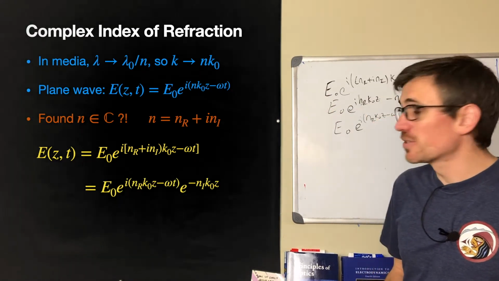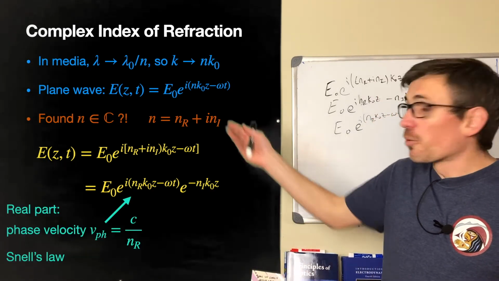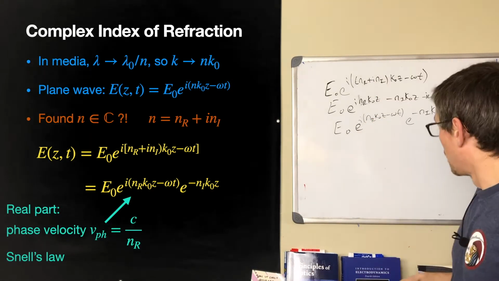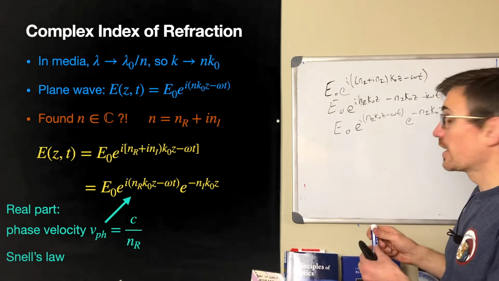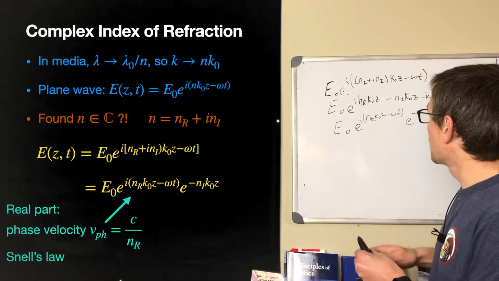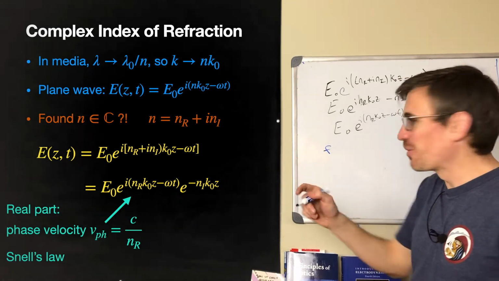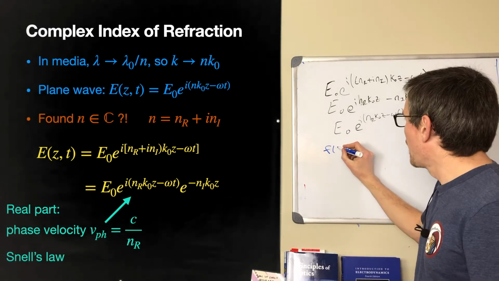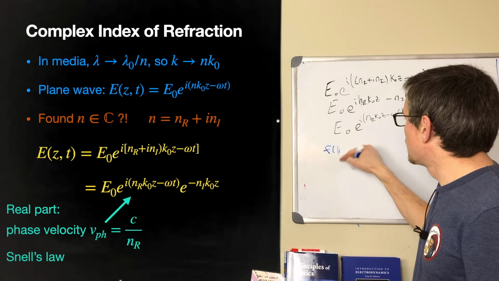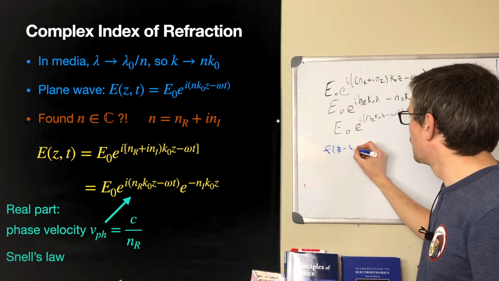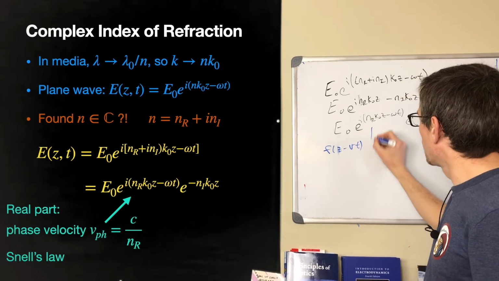Okay, so what does this mean? We have our normal propagation, which is our real part, right? And this is actually the velocity of the wave, because remember that anything that satisfies the wave equation, way back from week 1, had to be of the form f of z minus v times t. So here we can factor that out.